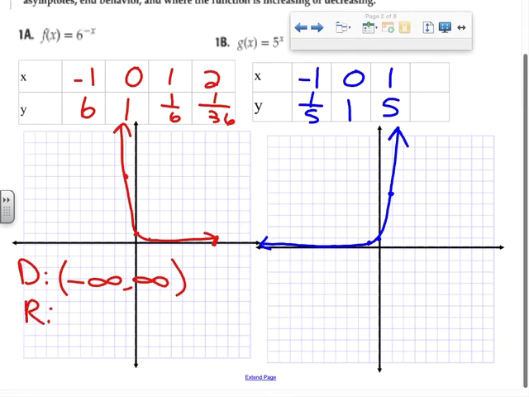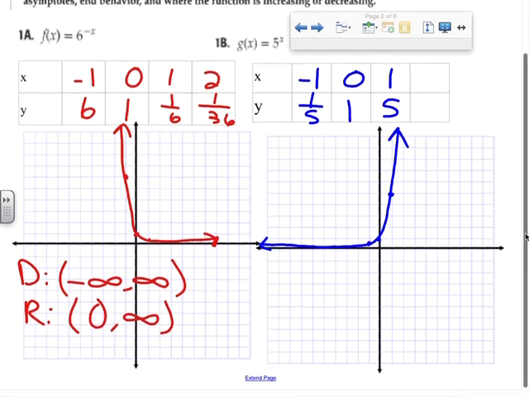My range for this function, notice that it never goes below the x-axis. Notice also that it never actually hits the x-axis. So my range is parentheses 0 to infinity.